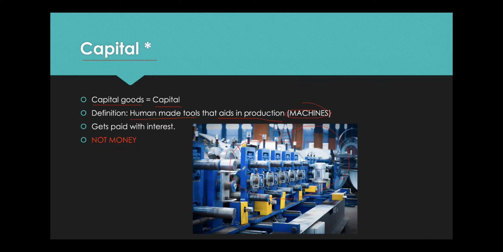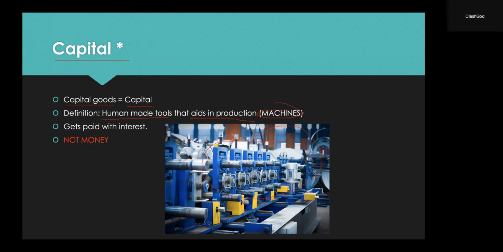But capital doesn't necessarily have to be these very expensive machinery. For example, when you're farming, you have a farmland. If you use this fork to farm, that is considered as a type of capital because that is a human-made tool and it also aids in production because you're using it to farm. You're not using your hands. So it doesn't have to be very expensive machinery. It just has to be a human-made tool that aids in production.